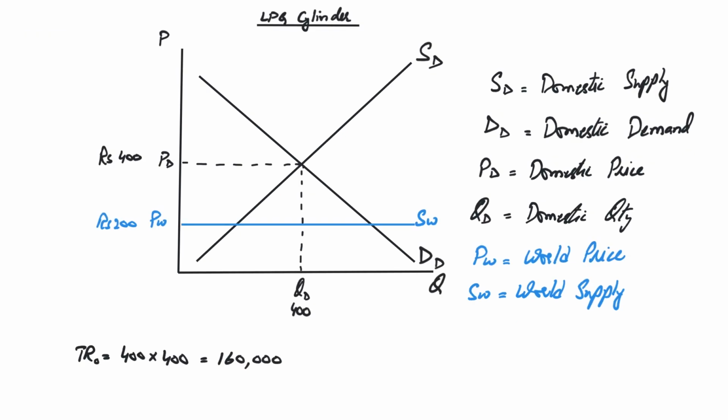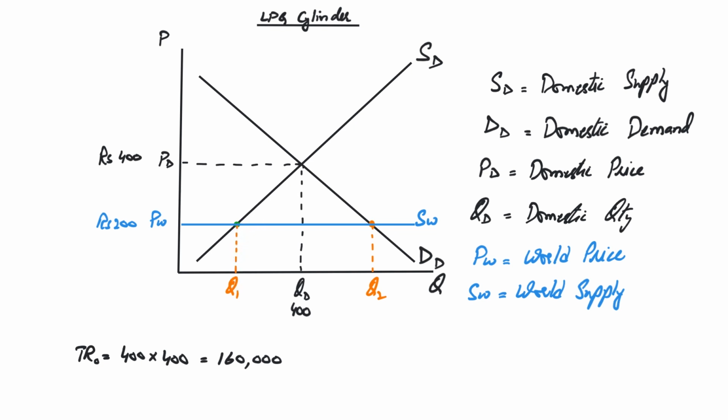Now since the world price is lower, it's at 200, the thing is consumers at 200 की price will be willing to buy a lot more quantities. This is what the consumers are willing to buy. लेकिन डोमेस्टिकली देखा जाए तो Q1 is the quantity being produced domestically, because जब domestic producers will try to compete at international price, उनके लिए incentive कम हो जाएगा and they'll be producing a lot lesser quantity.